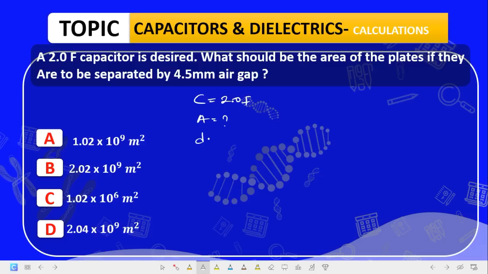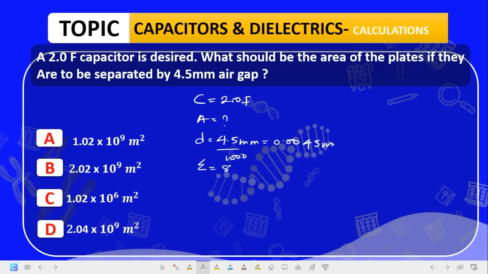The distance of separation is 4.5 millimeter, which divided by 1000 will give us 0.0045 meters.